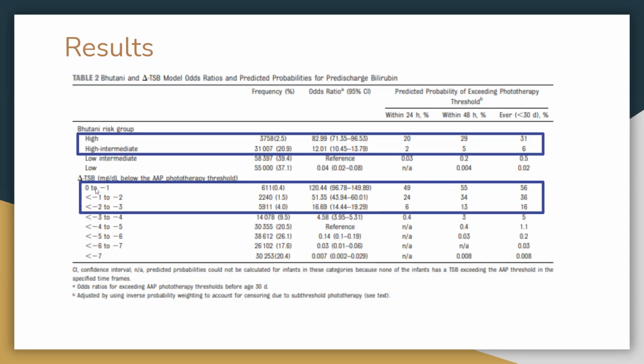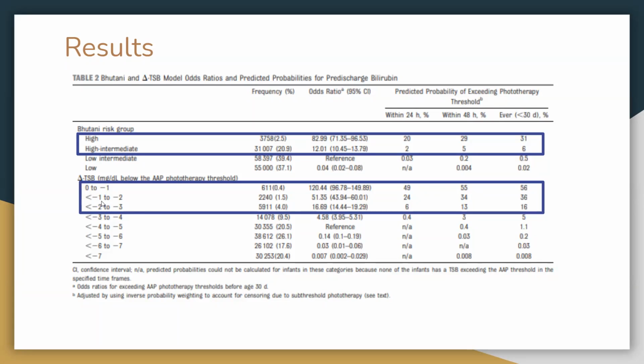So those who are within one of their phototherapy threshold at the time of discharge, ideally followed up within 24 or 48 hours, because as you see, 50% or more of them were going to exceed their phototherapy threshold within the 24 and the 48 hour periods.